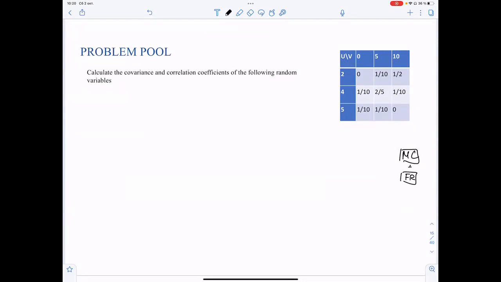So here you have a joint distribution. What does joint distribution mean? Here is written the probability of u equal to something, given that v is 0. By saying joint, I mean the probability of the intersection of two random variables.